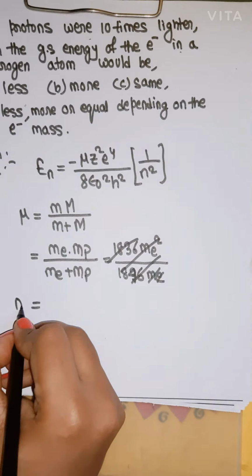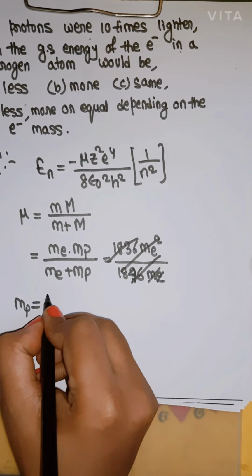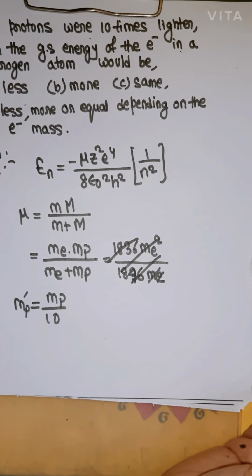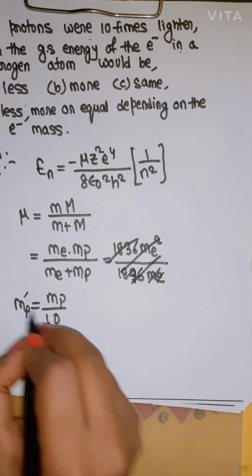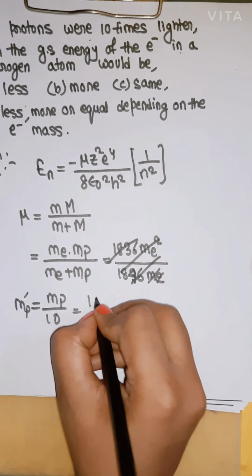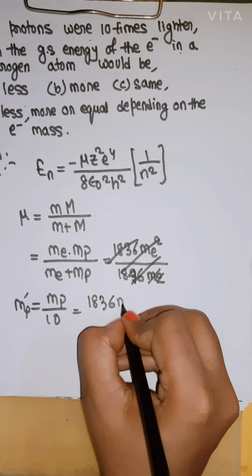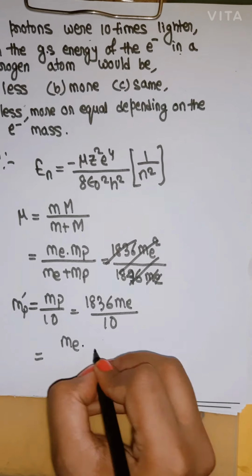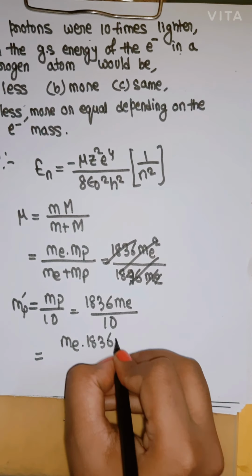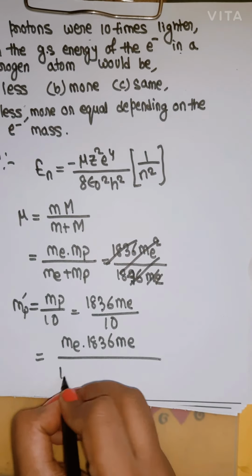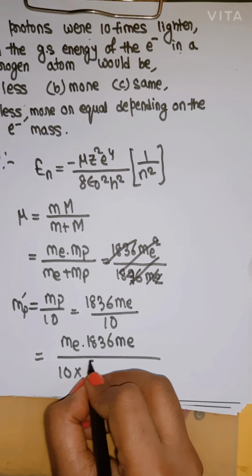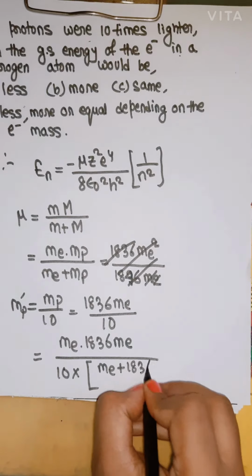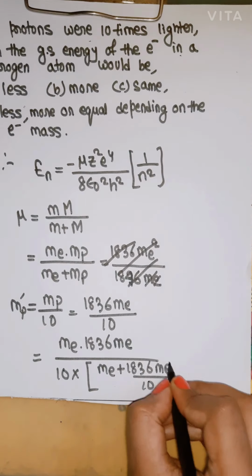As we have said, the mass of the proton will be 10 times less. Let us denote this as mp dashed, and we know the mass of the proton is 1836 times the mass of the electron. So me into 1836 me by 10, over me plus 1836 me by 10.